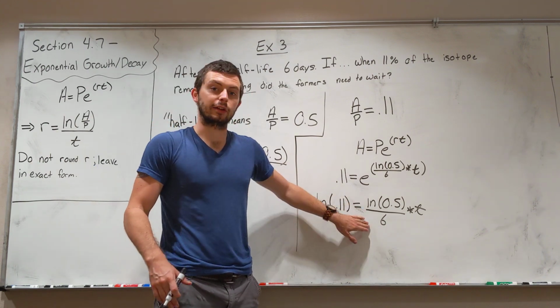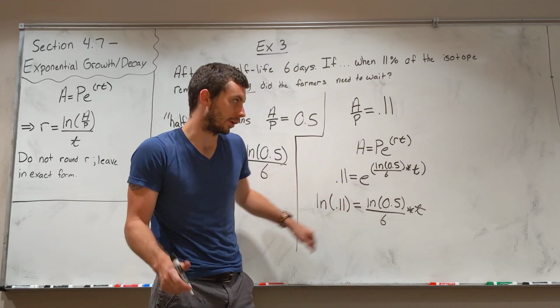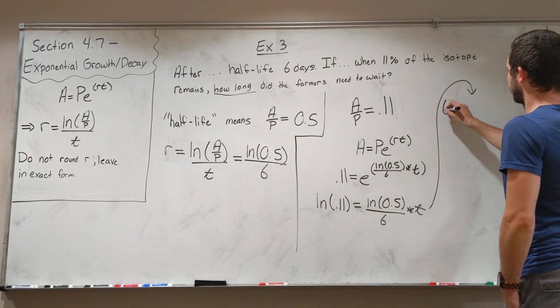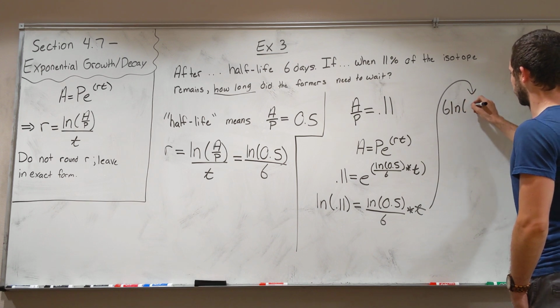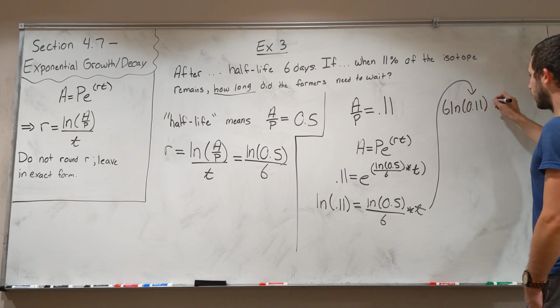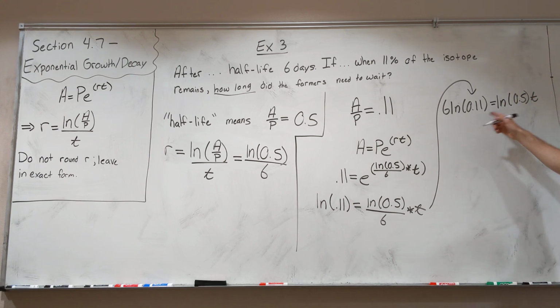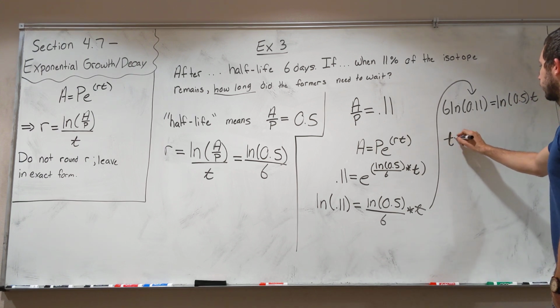Again, we multiply both sides by 6, which is clearing out the denominator. So that's 6 natural log of 0.11 is equal to natural log of 0.5 times t. Divide both sides to get t by itself.